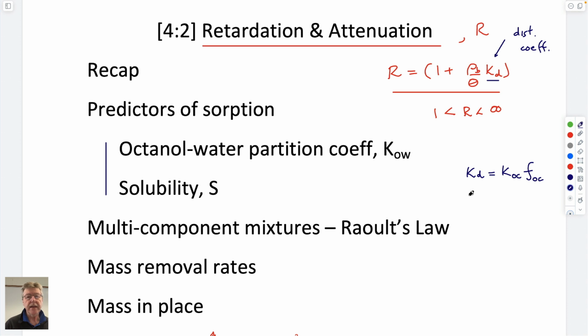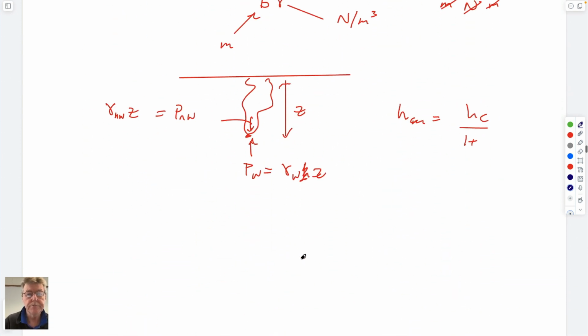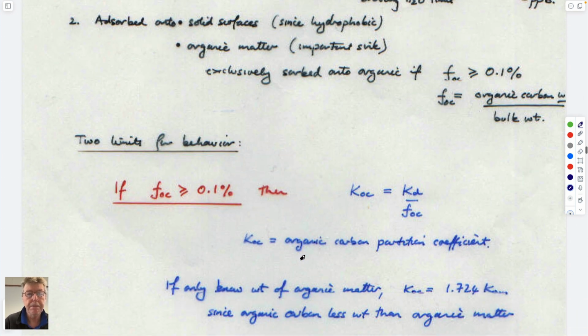Then we can use two metrics to do that. One is the octanol water partition coefficient, and one is the solubility of that substance in water, each of which are defined terms, which you can get from the library. This is all written down as we go down here, so you've got that, hopefully.